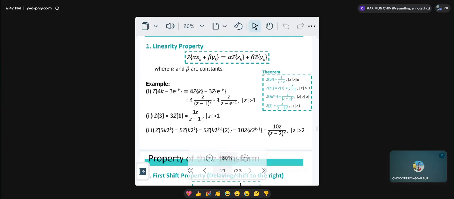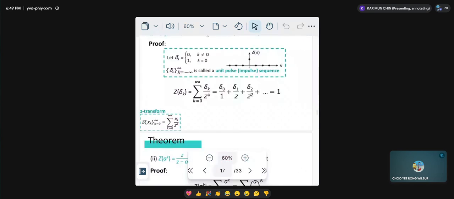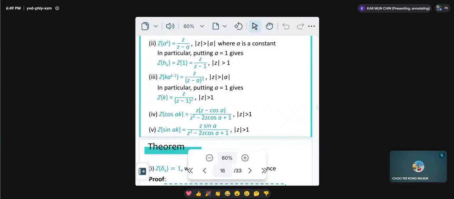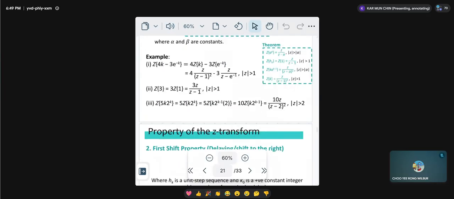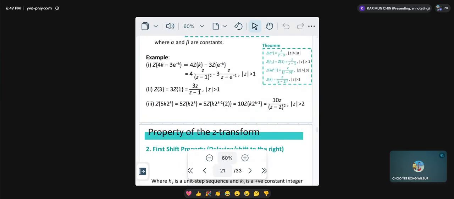So if you want to do the Z transform of a constant number, you know that Z transform of 1, as you have seen just now, equals Z over Z minus 1. You bring the 3 multiplied by 1 out, so 3 is the coefficient.